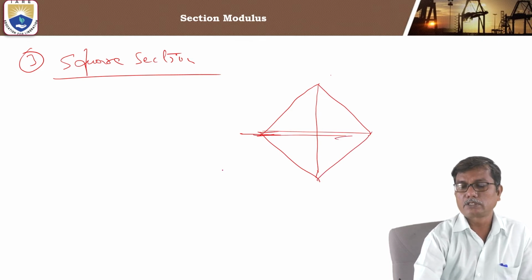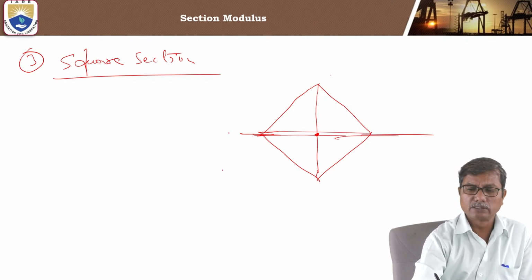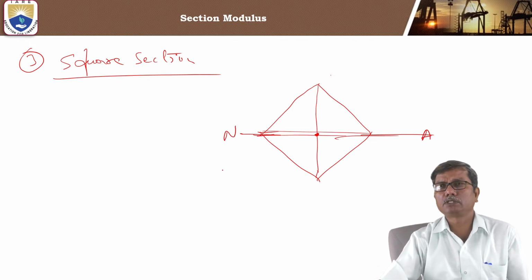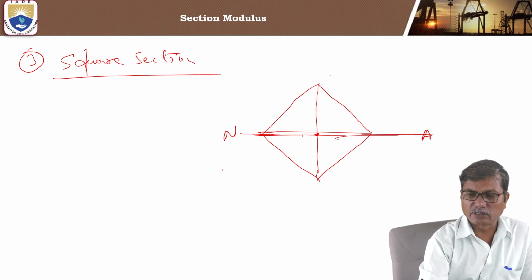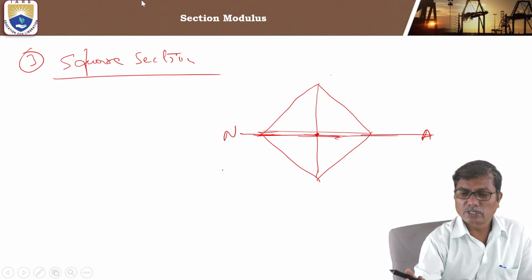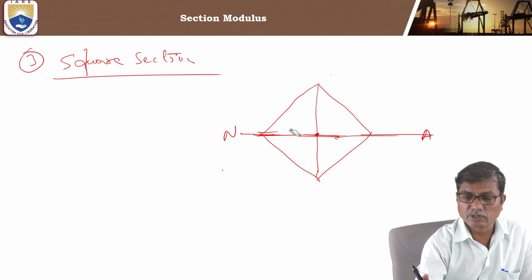Here the centroid will be the point of intersection of the diagonals in a square. So the neutral axis is the line passing through the centroid. Understand? So the neutral axis here is horizontal.